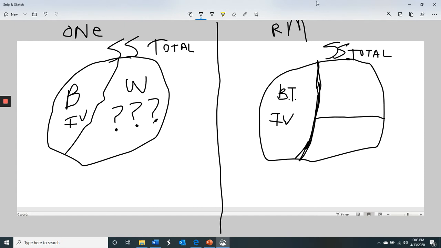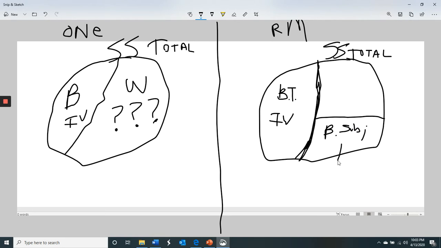We know that now because we repeatedly measured them on the DV. We know their general tendencies. So we can actually identify the variance, the sum of squares, between subjects.